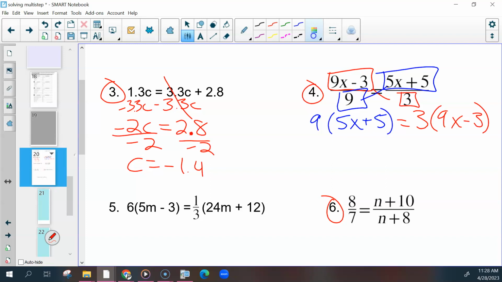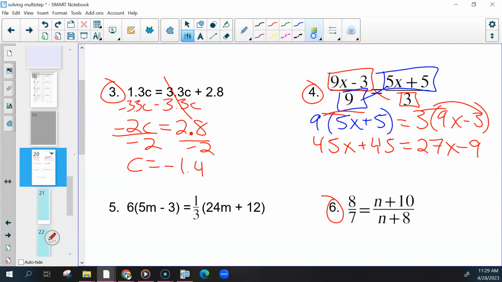Then what would be our next step? Have 45x plus 45 and 27x minus 9.